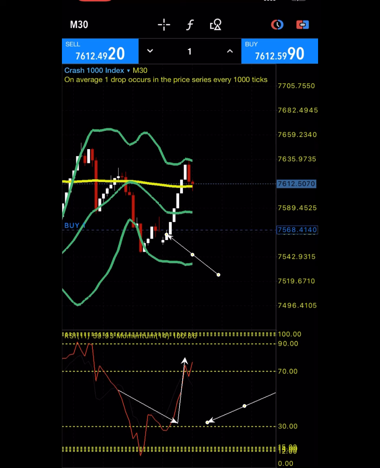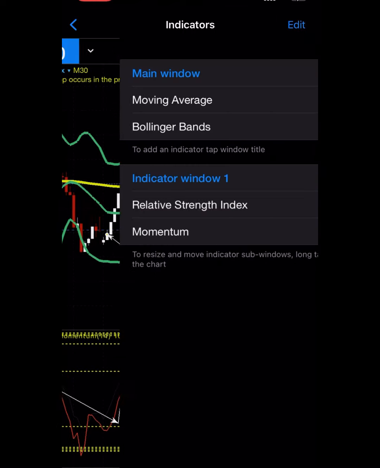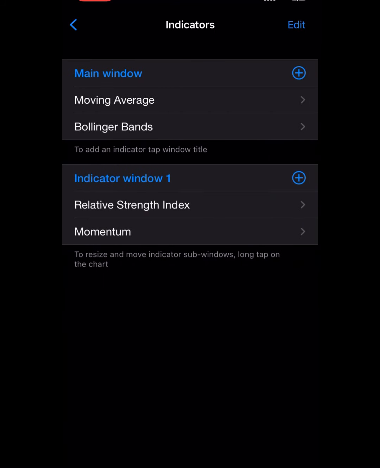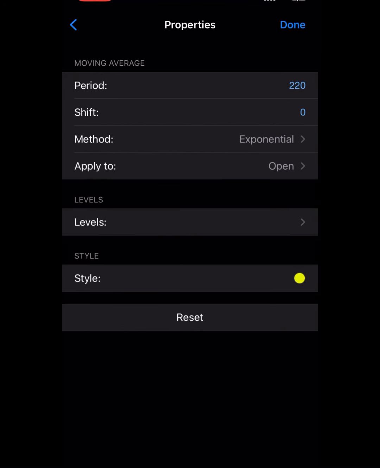Okay, so guys, let me give you the settings in case you haven't watched the previous video. You really need to try and watch it. But for here I'll give you the settings. The moving average is 220. Someone asked me in the previous video in the comment section whether it's 200 or 220. It's 220.